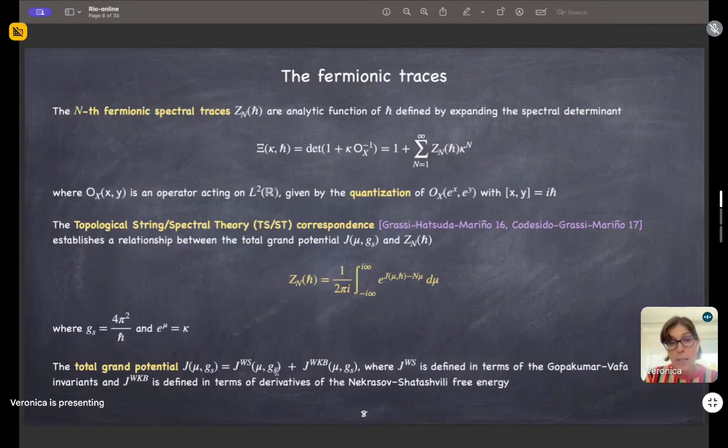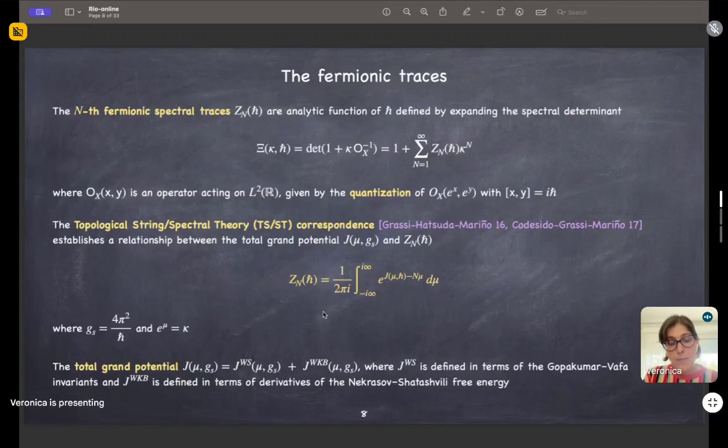Notice that it is a function of two parameters, so not only of the moduli parameter of the Calabi-Yau, which through this relation is mu, but also of g_s, which is usually called the string coupling constant. But in fact, in this context, the string coupling constant and the quantization variable h bar are related by this expression. And sometimes I will use either one or the other to denote this function.